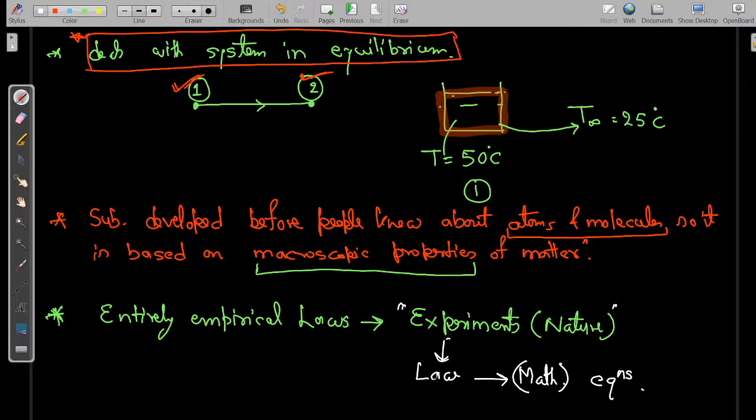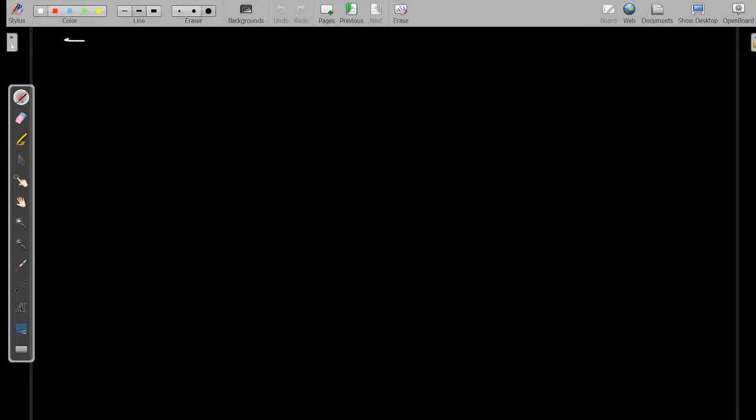With the help of experiments we establish a law, and by applying mathematics as a tool we establish some equations that we call equations of the first law, second law, etc. Okay, and these experiments can be summarized in four laws.